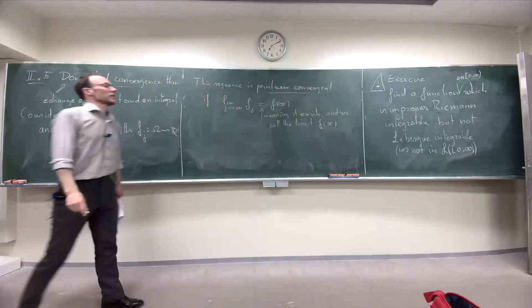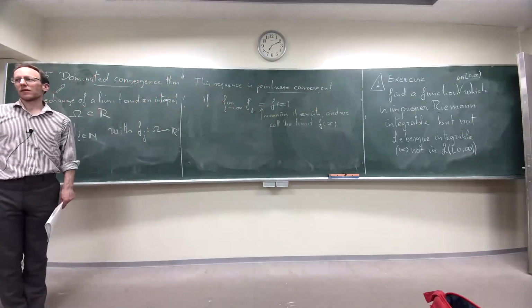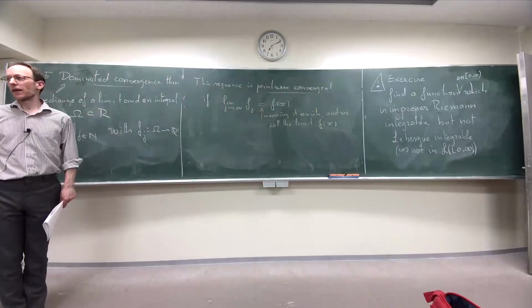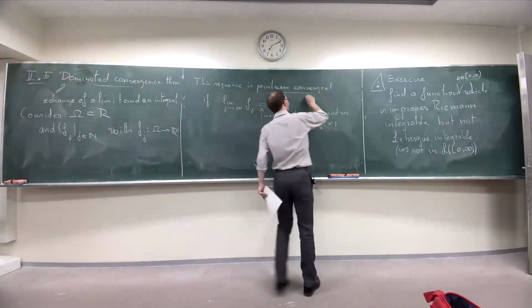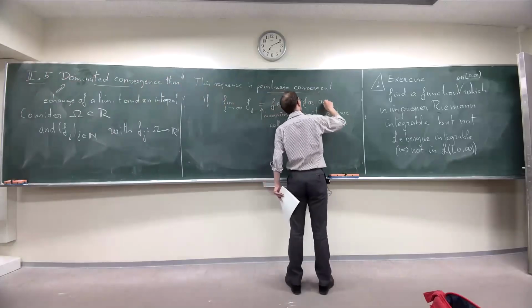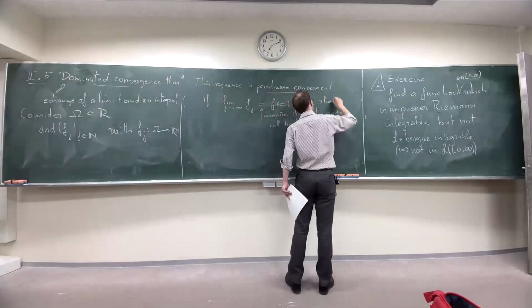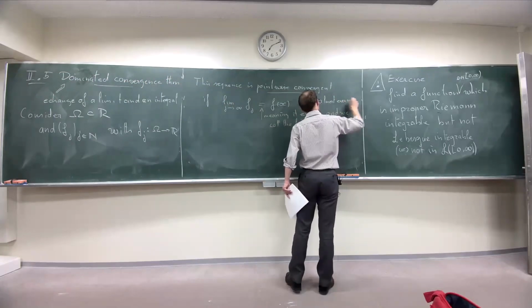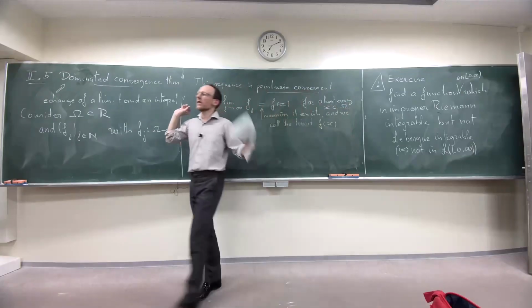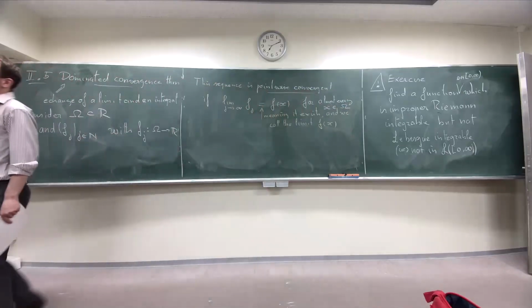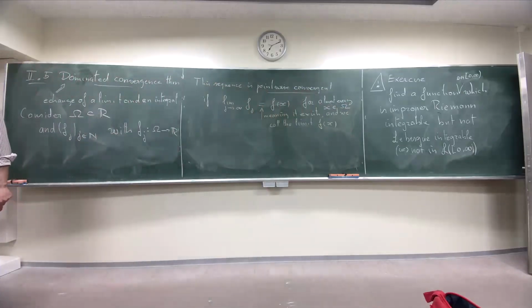But I don't need this to exist for all x, only for almost every x belonging to this Omega. So if it is not true for a set of x which is of measure 0, I don't care.